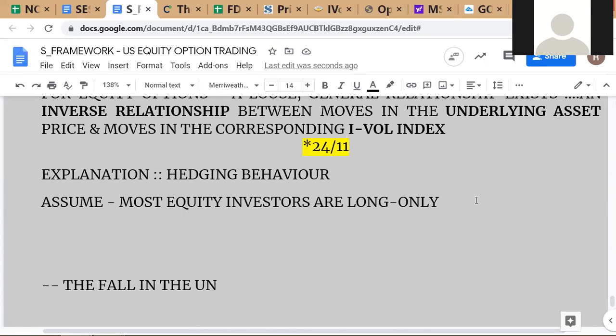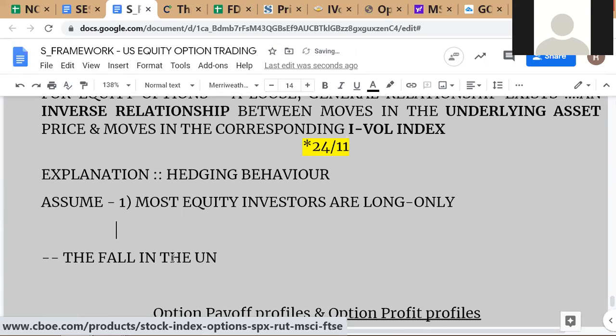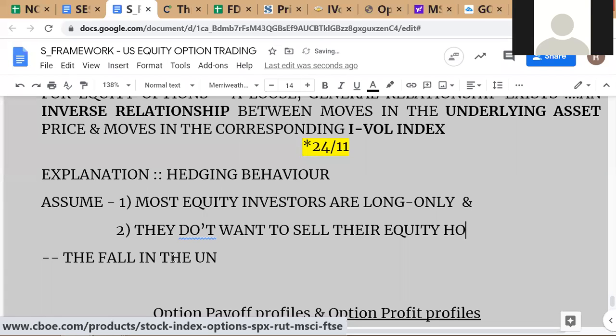One of the things we assume is that most investors are long only, and long term.